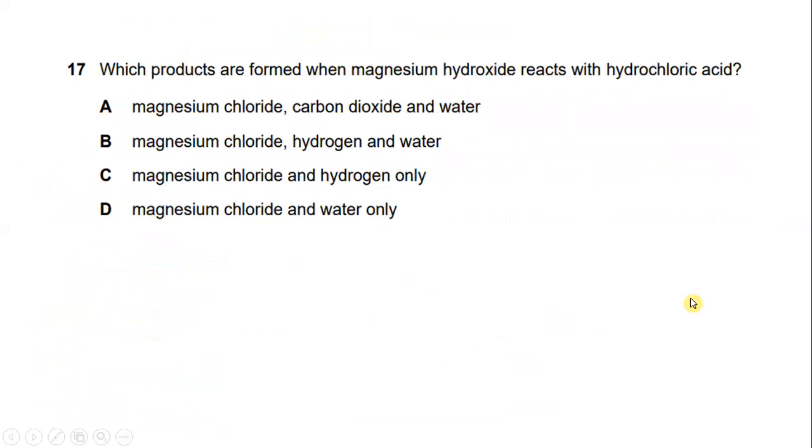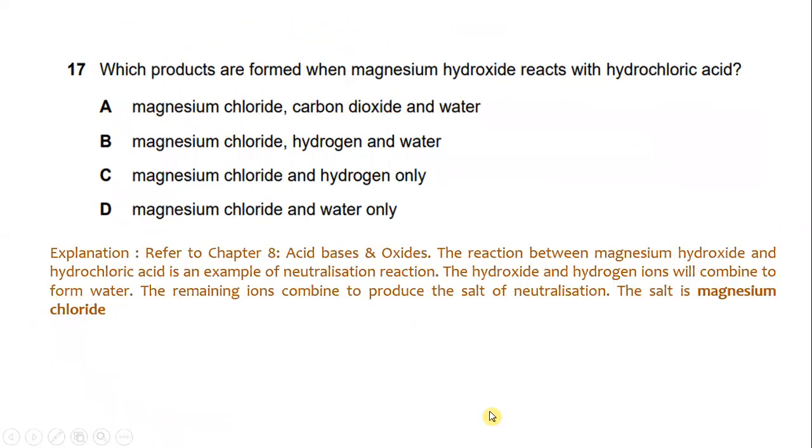And number 17, which products are formed when magnesium hydroxide reacts with hydrochloric acid? Refer to chapter 8 on acids, bases and oxides. The reaction between magnesium hydroxide and hydrochloric acid is an example of a neutralization reaction. The hydroxide and hydrogen ions combine to form water.